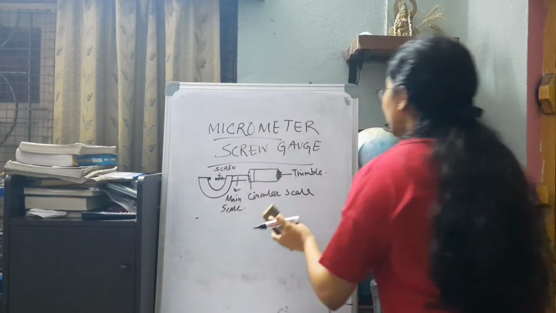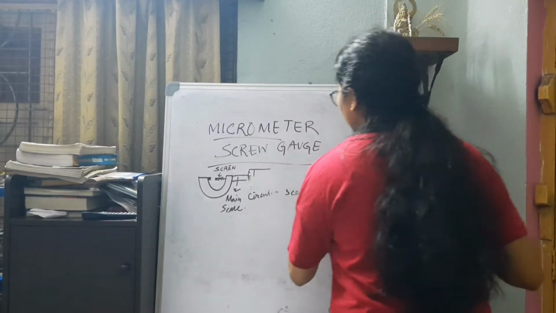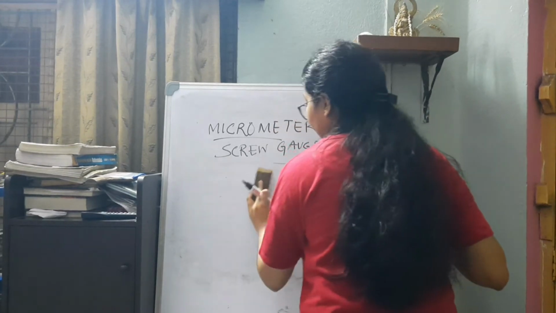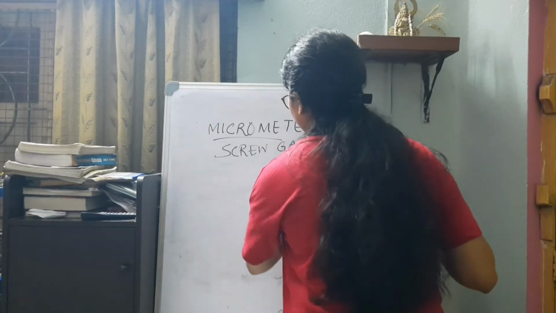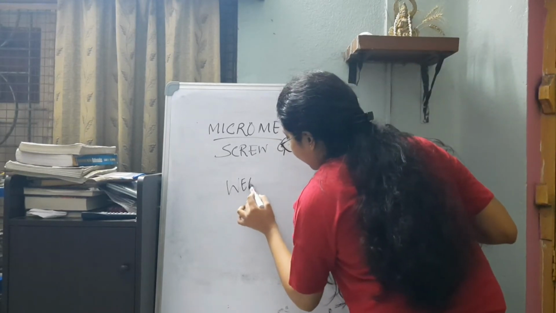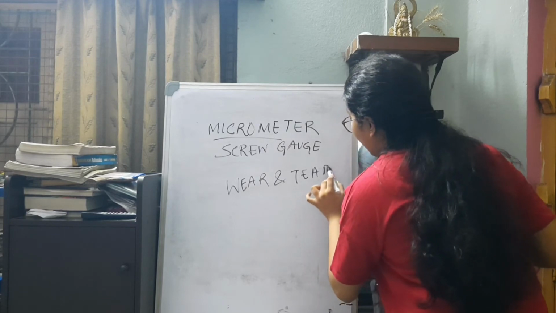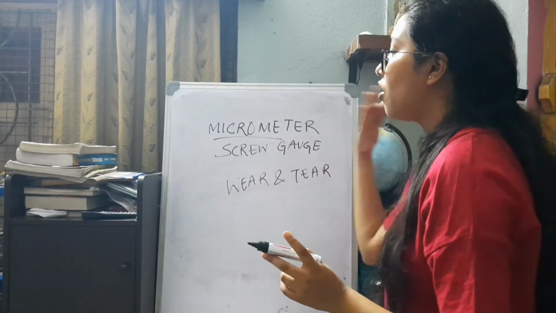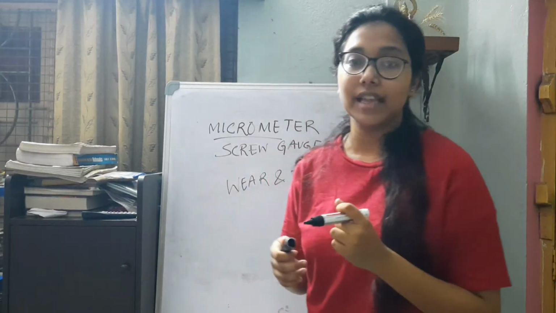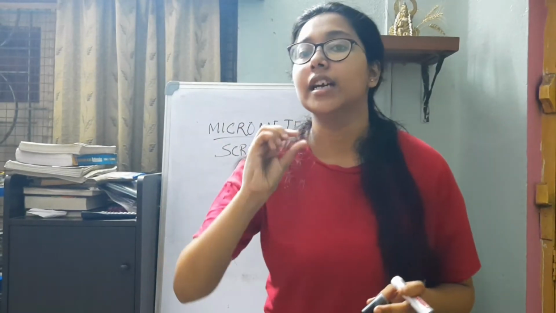Now moving forward to the next type of error observed in a screw gauge, that is the backlash error. Backlash error mainly occurs due to wear and tear. After continuous use for a long time, it is observed that even after the thimble is used to rotate the screw, the screw rotates a bit later.